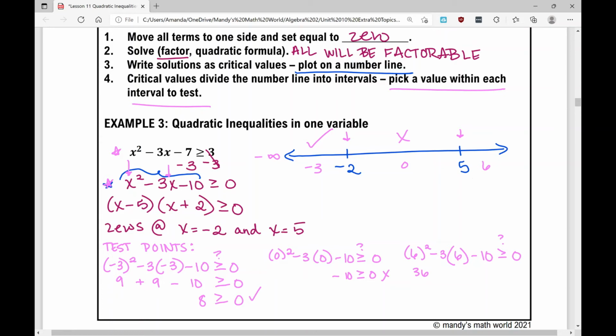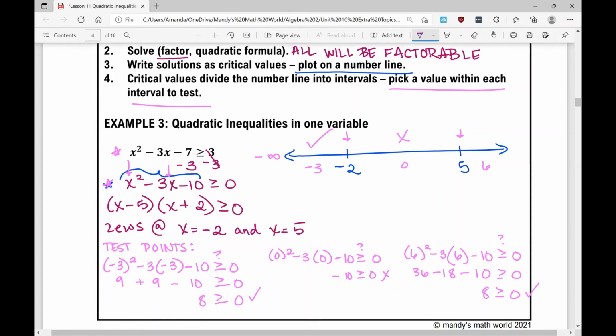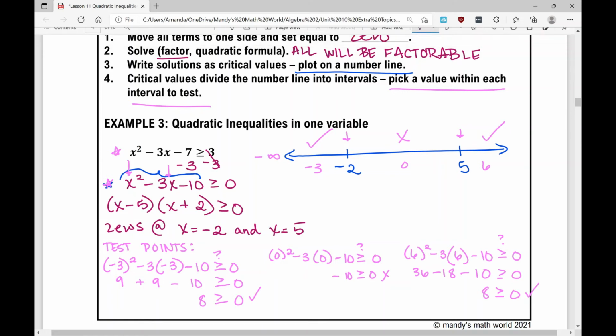Negative 3 times 6 is negative 18, so minus 18, then minus 10. 36 minus 18 is going to be 18, and then 18 minus 10 is 8, and 8 is a number that is greater than or equal to 0. So that interval is included in our solution set.